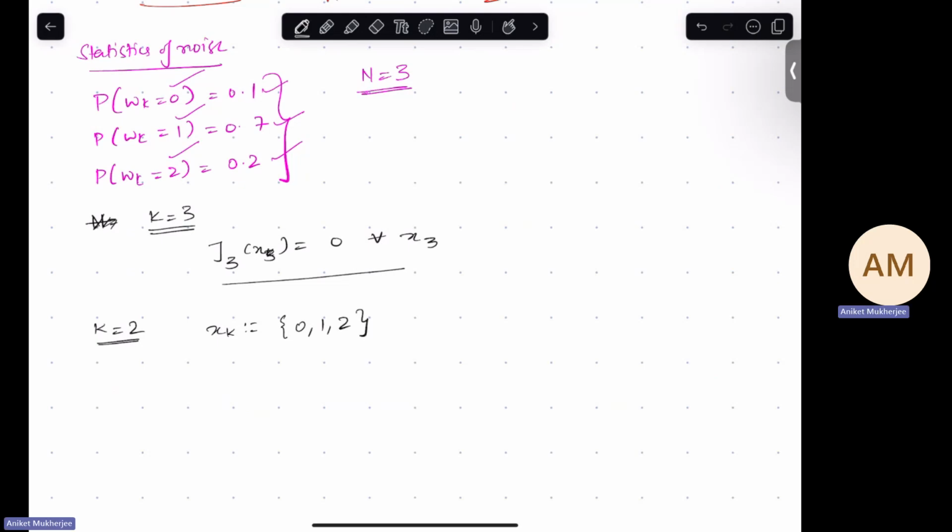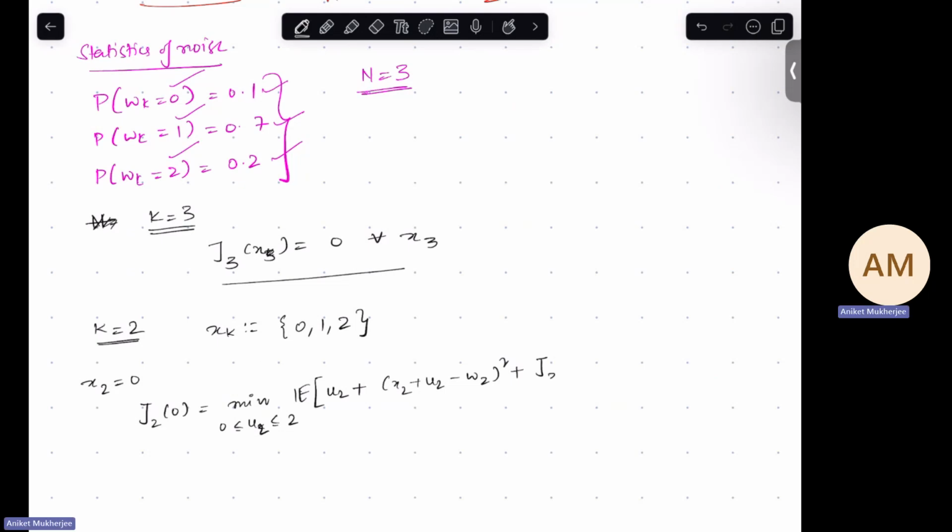First we'll do it for x2 equal to 0, so basically you're writing J2 of 0. And as per dynamic programming, this is the minimum over 0 less than or equal to u2 less than or equal to 2 of the expectation of u2 plus (x2 plus u2 minus w2) whole square plus J3 of x3.